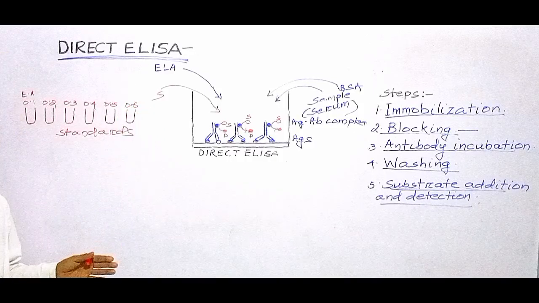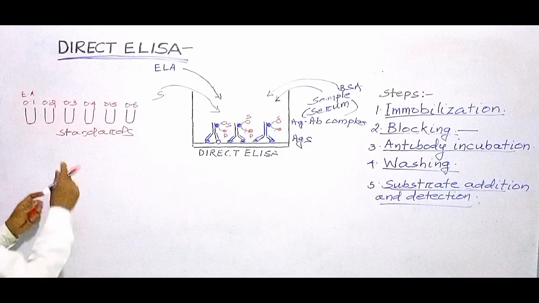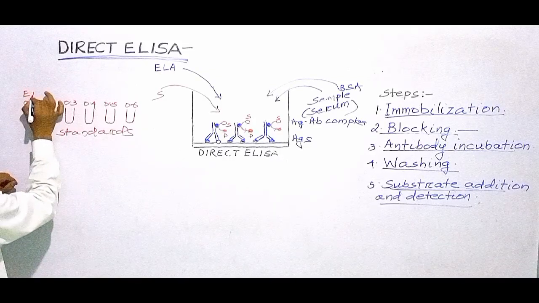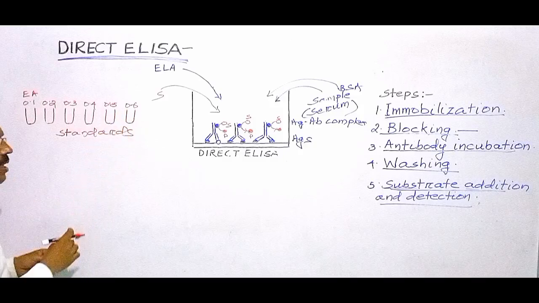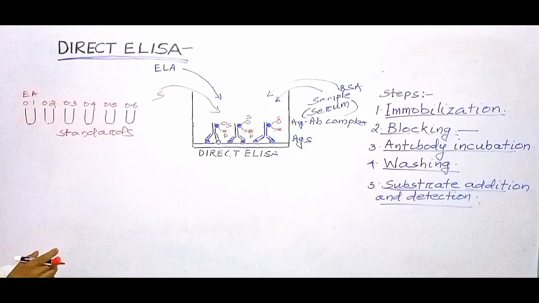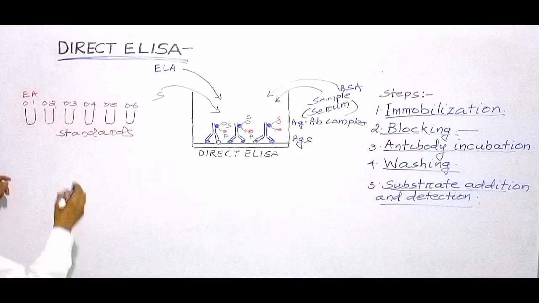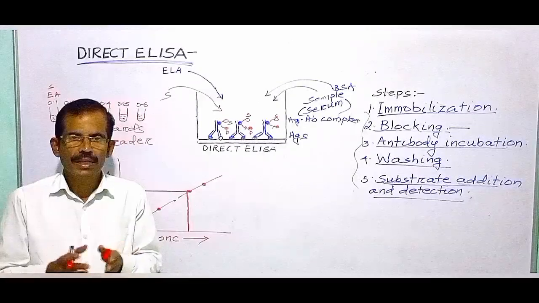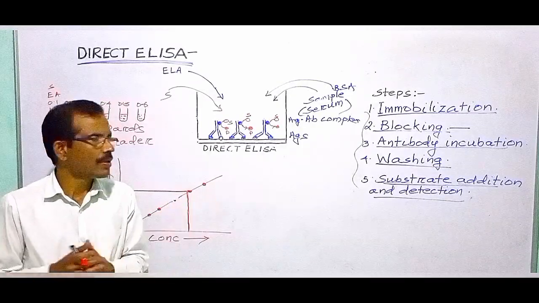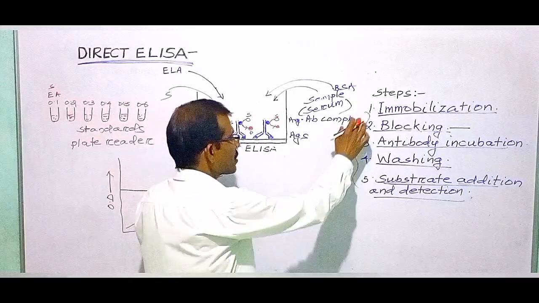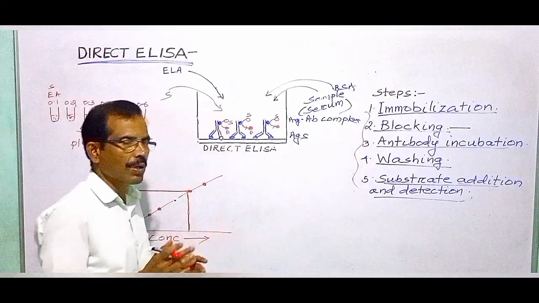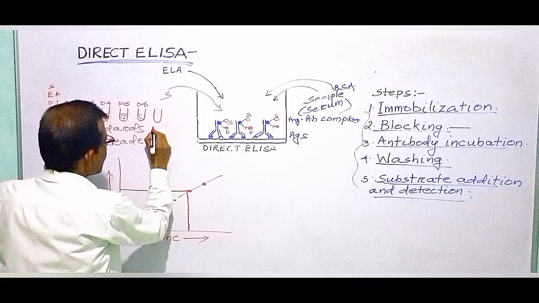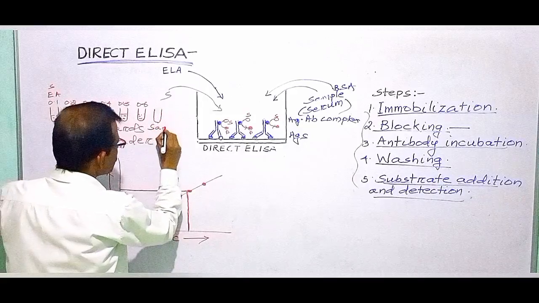In the next step, a specific amount of enzyme-linked antibody is added to all these wells and then incubated. This is followed by the addition of a chromogenic substrate. At the same time, the sample which has already been subjected to the ELISA protocol is placed in another well of the same plate.